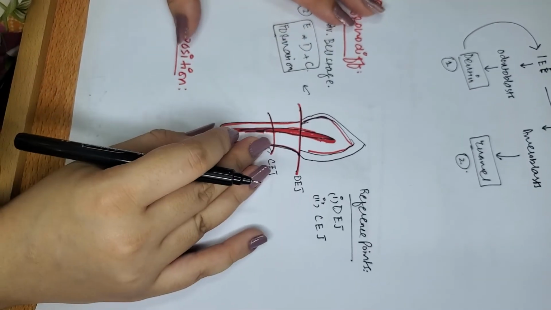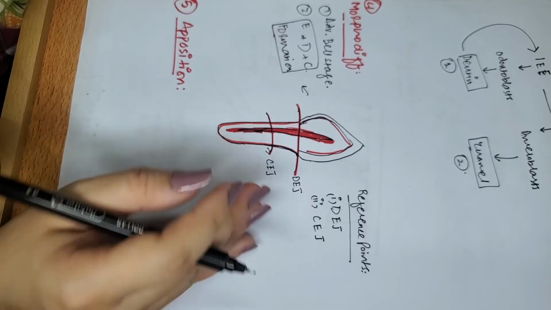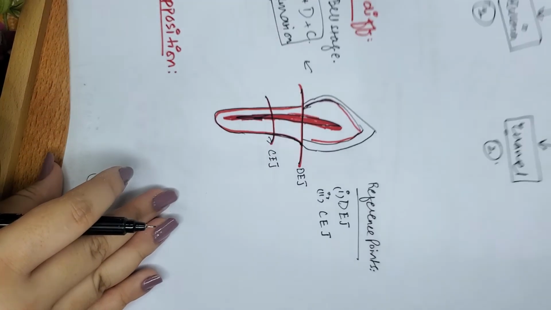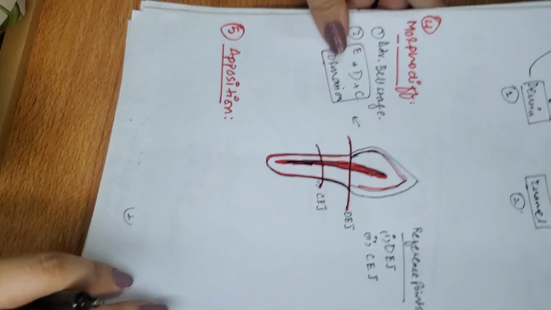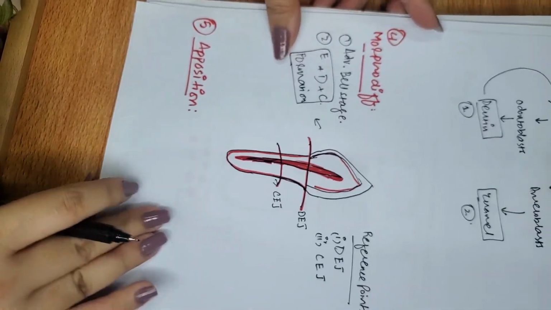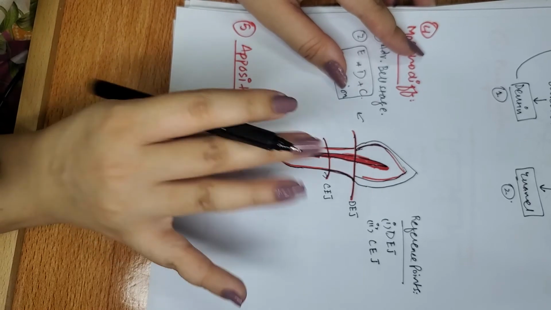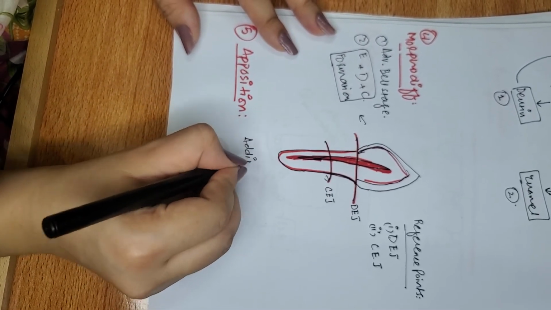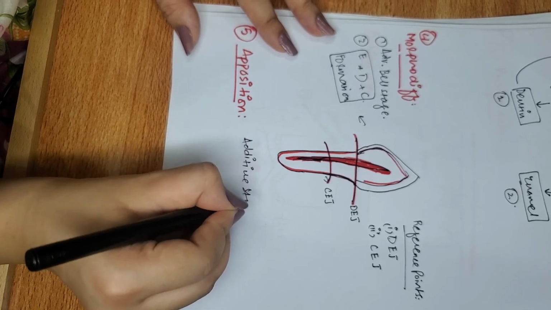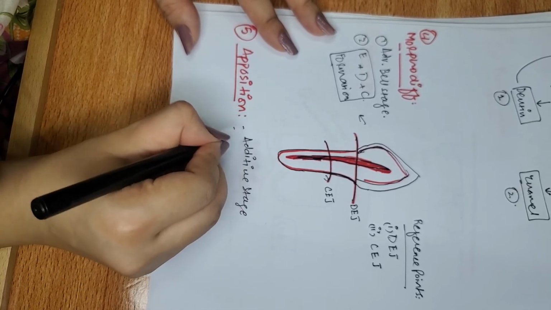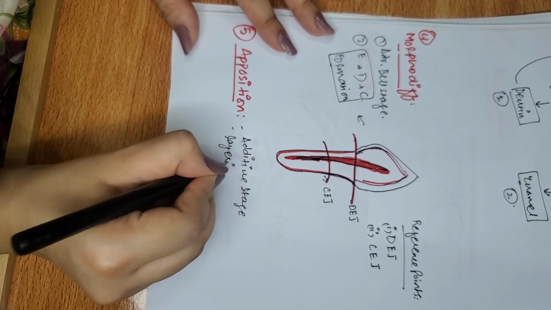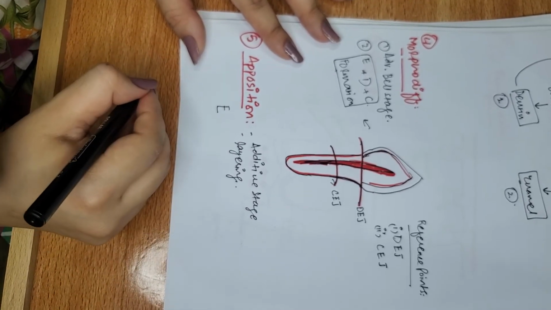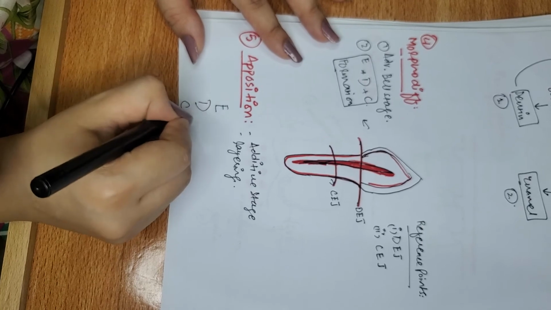Also at the cementum. Okay, alright. So, what is the apposition stage? Now coming up to the apposition stage, you guys are going to remember only. The apposition stage is also known as the additive stage or the layering stage, in which there is the formation of enamel, dentine and cementum.